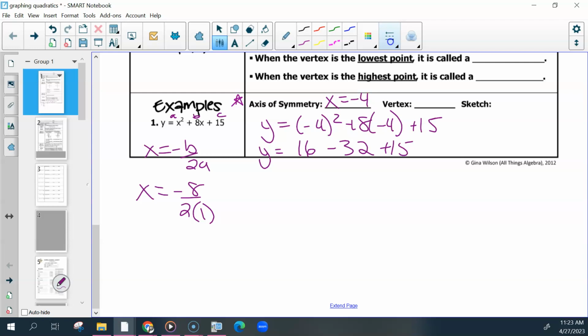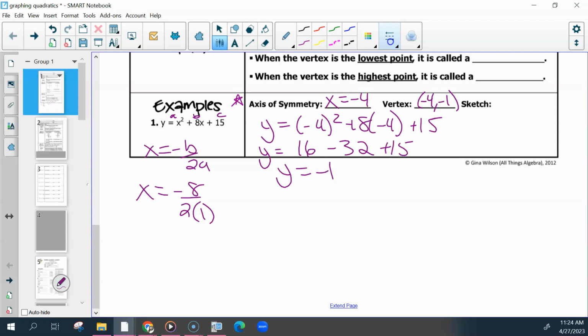Negative 1. So if you get numbers like negative 33, double check your negatives, that you use parentheses, all those things, because they should be small numbers. So you're going to use the x value from your axis of symmetry and the y value you found from this, that negative 1, to write your vertex.